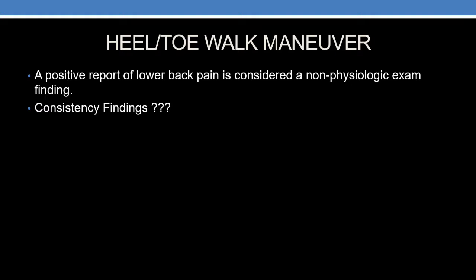If your examinee was then to go weak during manual muscle testing, that would be considered a non-physiologic exam finding. So here we have a case where we have duplicative maneuvers that should be consistent throughout.